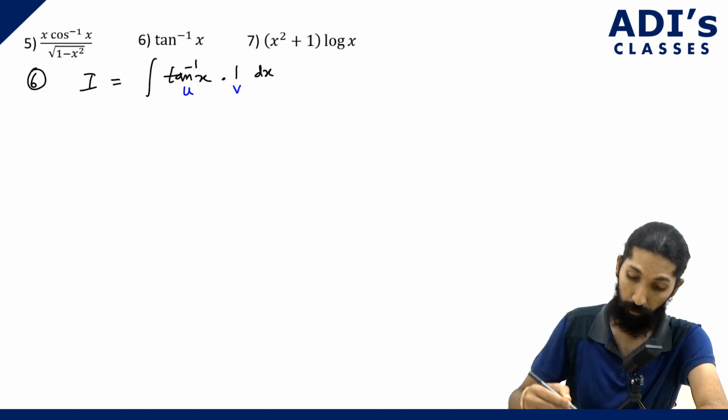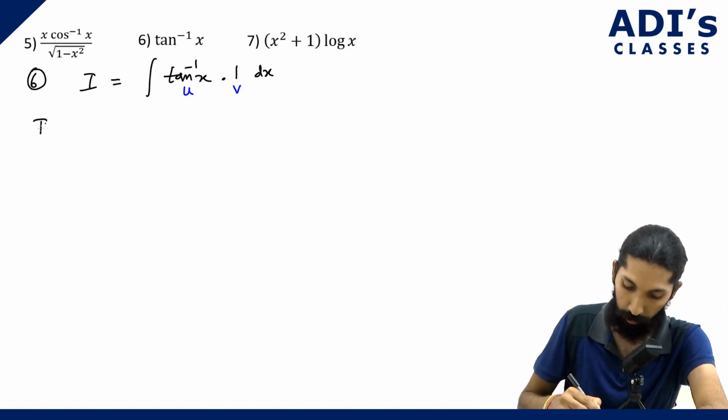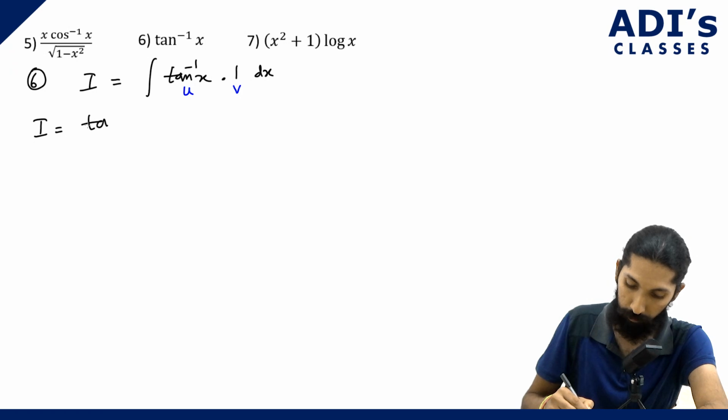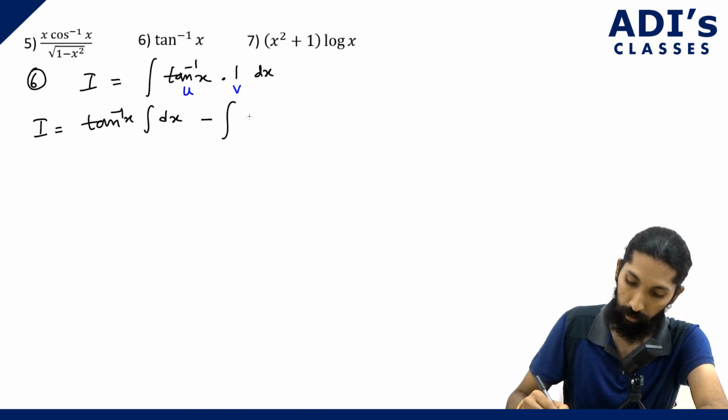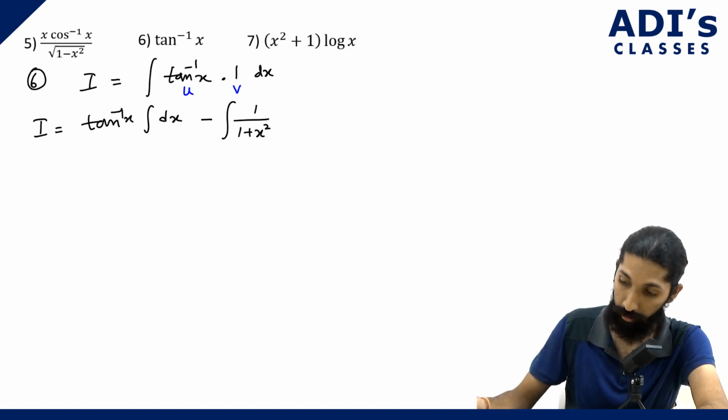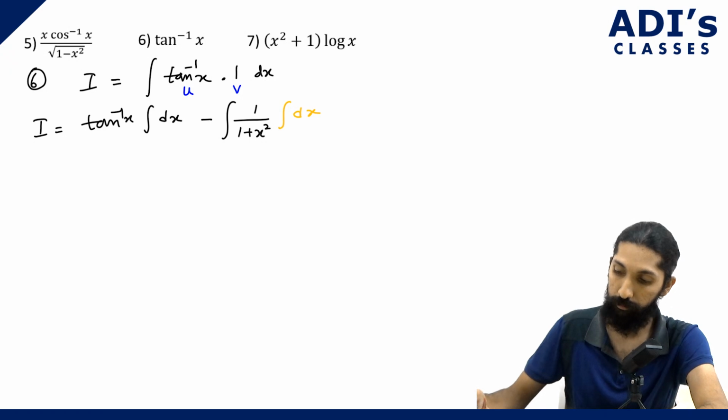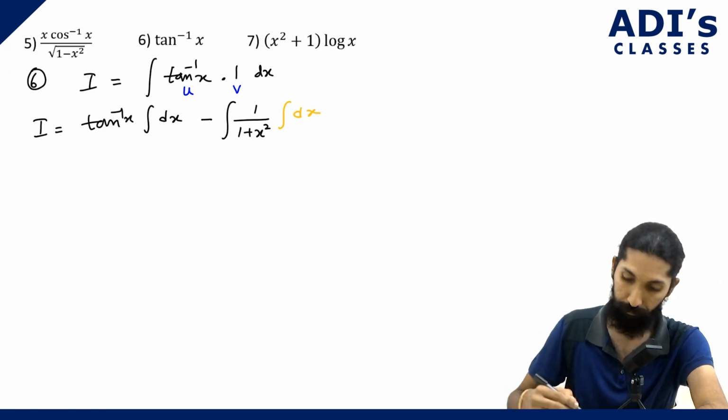Got it? So we have I is equal to tan inverse x into integral of dx minus integral of 1 by 1 plus x square, that's u dash, into integral of dx. Correct?